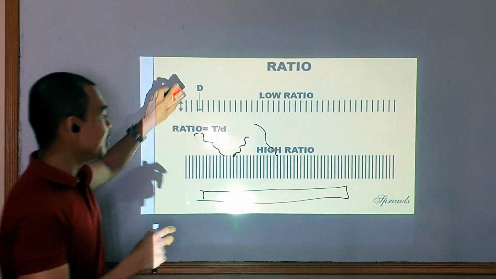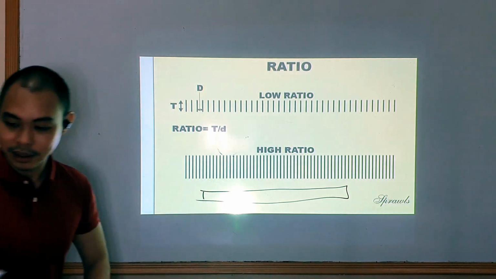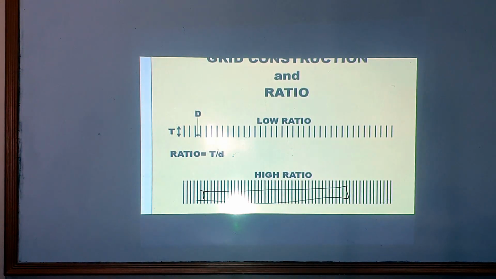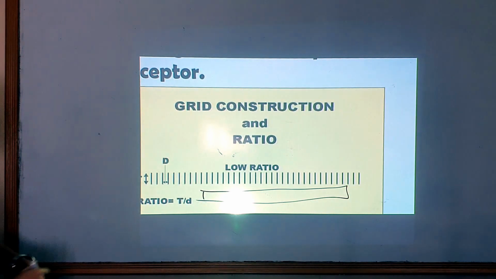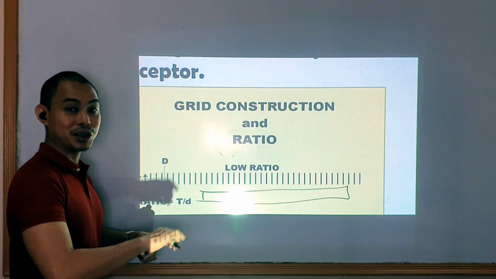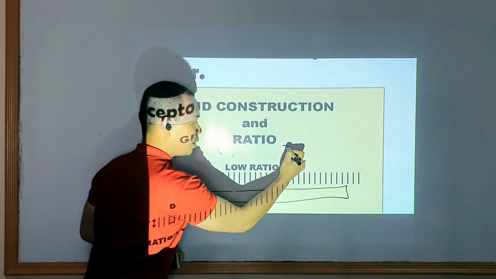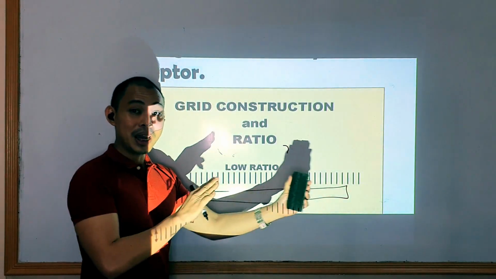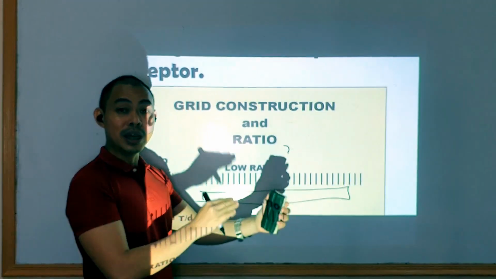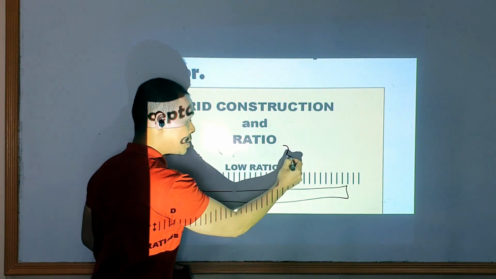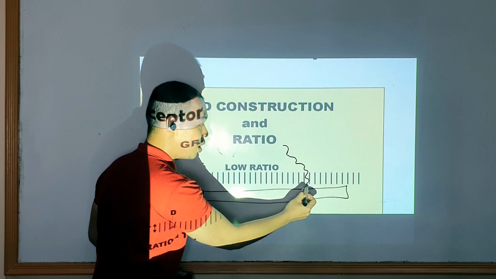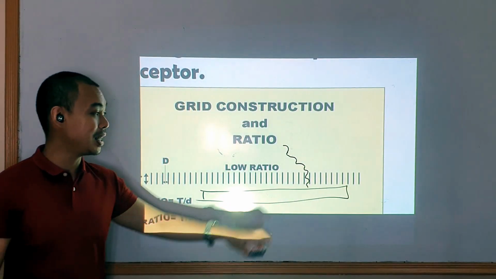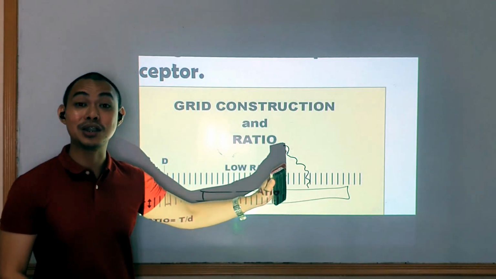What about a lower grid ratio? Image receptor, lower grid ratio. Scatter radiation. Since there is a wider space between each strip, there's a possibility, guys, that this scatter radiation can pass through that space between each strip.